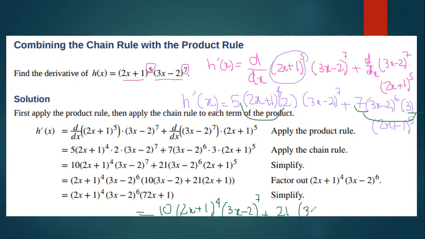So it will be (3x minus 2) whole power 6 with (2x plus 1) whole power 5.